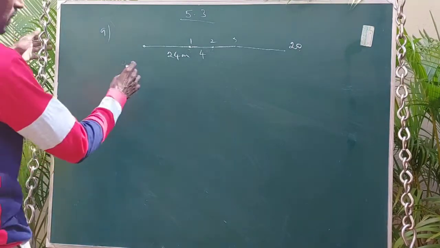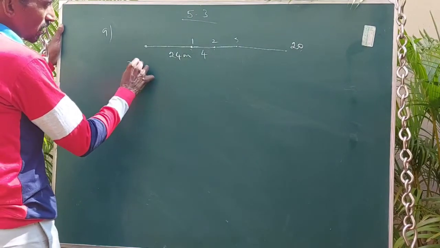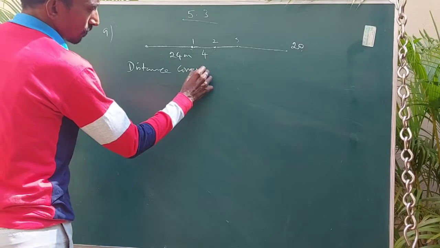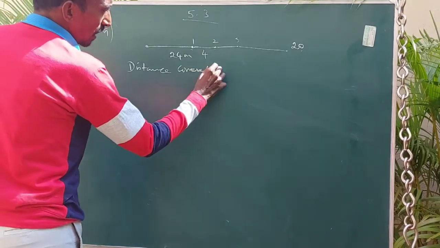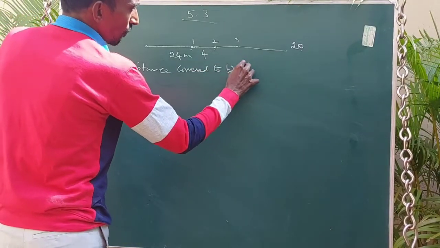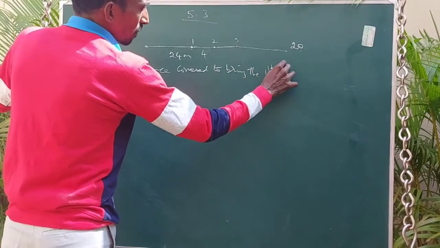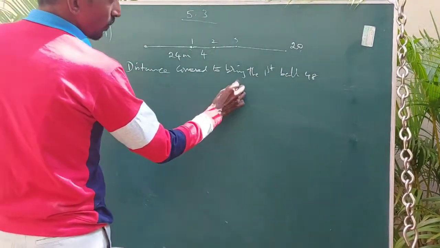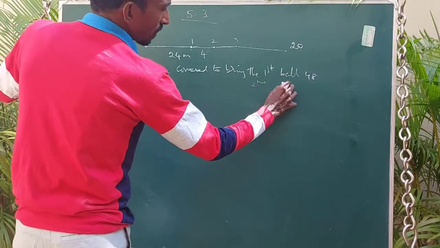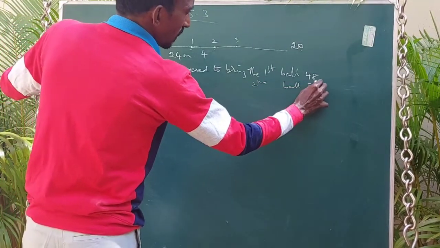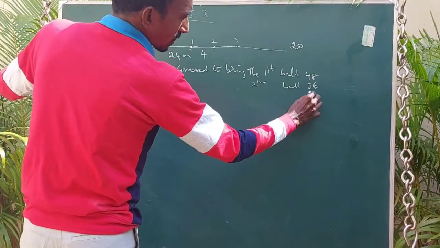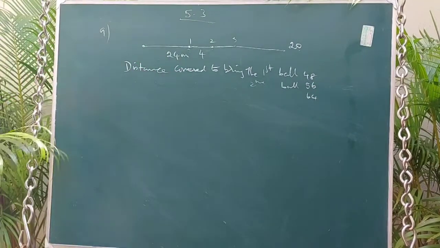So here, the distance covered to bring the first ball is 48. Similarly the distance covered to bring the second ball is 56. Similarly the third one is 64. Likewise it is going.